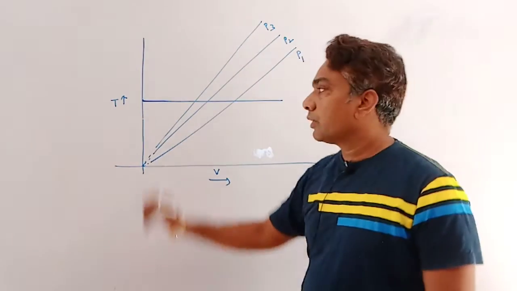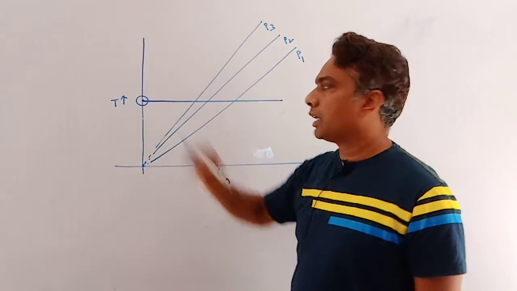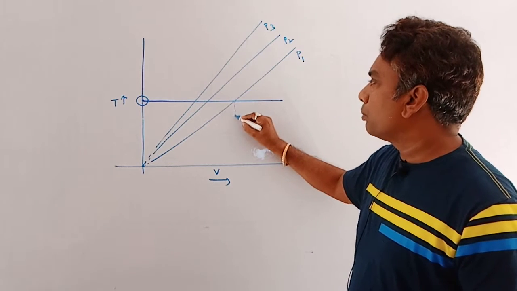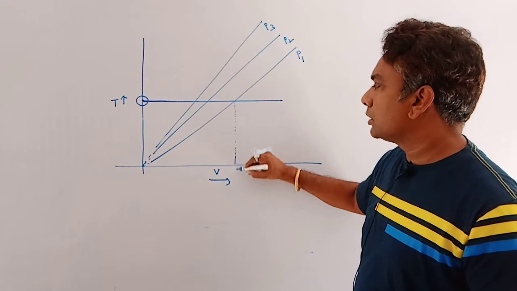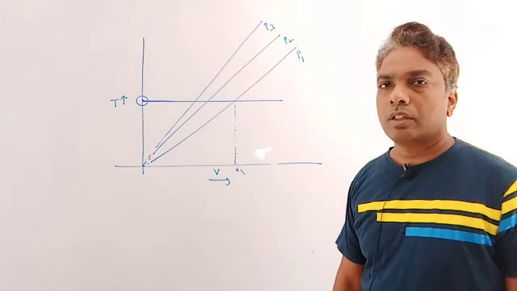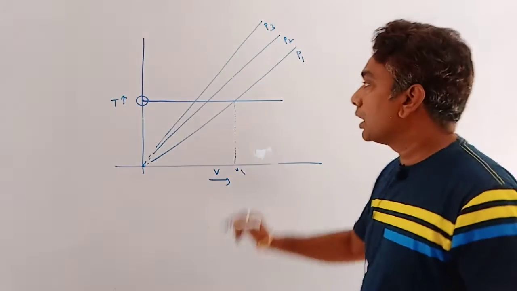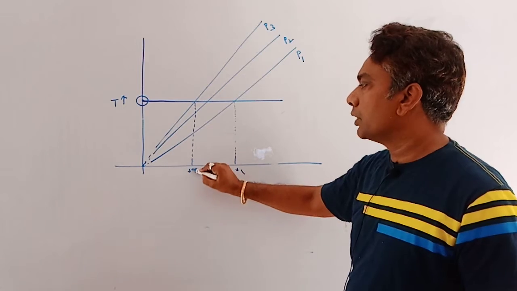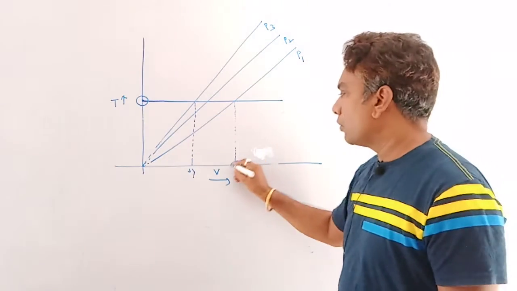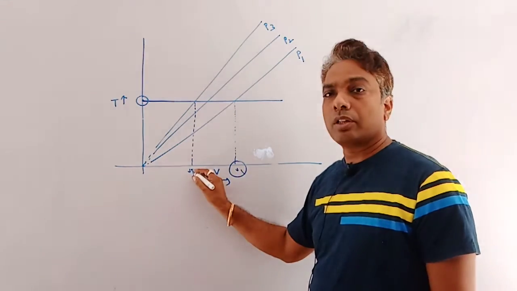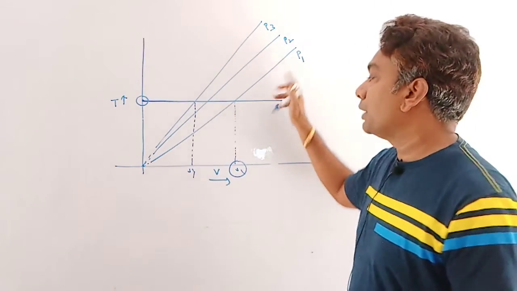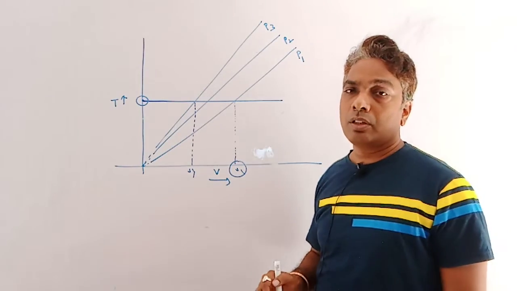At such constant temperature, the volume corresponding to P1 pressure is V1, and the volume corresponding to P3 pressure is V3. Since V1 is greater than V3, so P1 is less than P3.